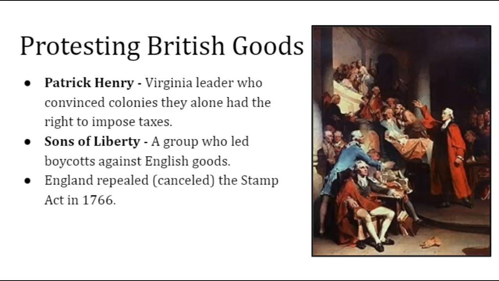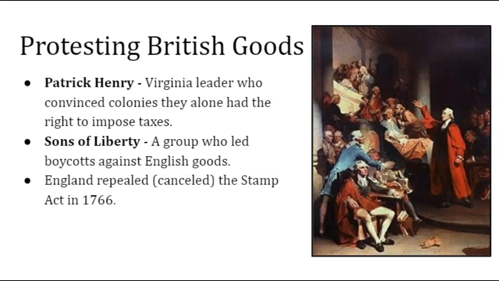Protesting British goods. Colonial reactions to the Stamp Act were increasingly angry. Patrick Henry was a young politician and newly elected to Virginia's House of Burgesses. He persuaded the Assembly to pass a series of resolutions that defended the colonists' right to tax themselves rather than to be taxed by Parliament.